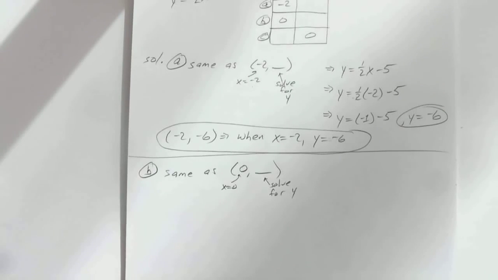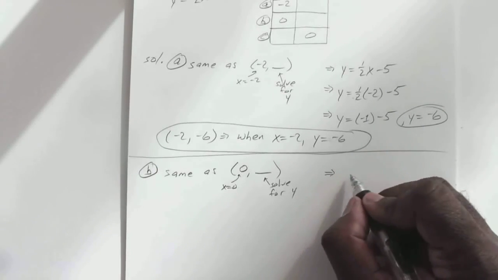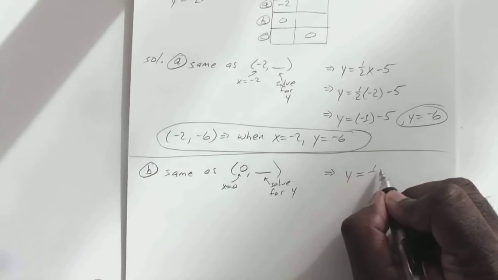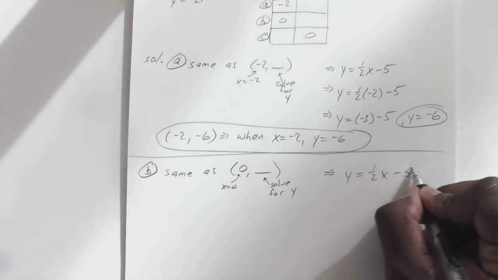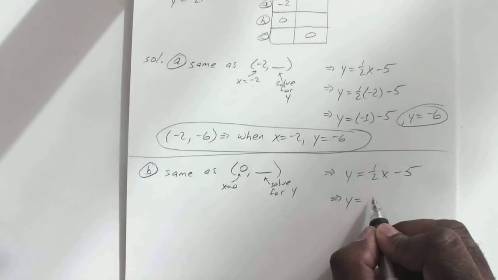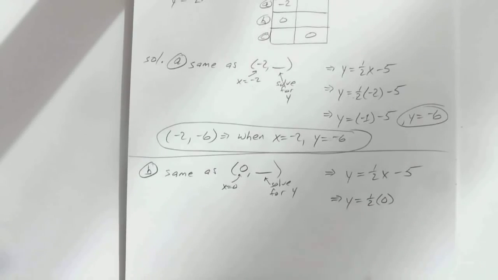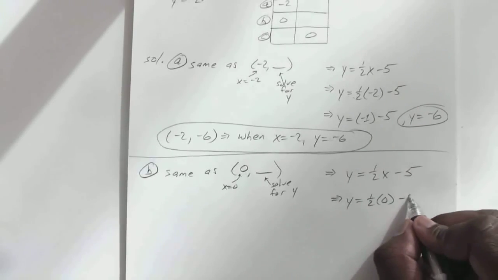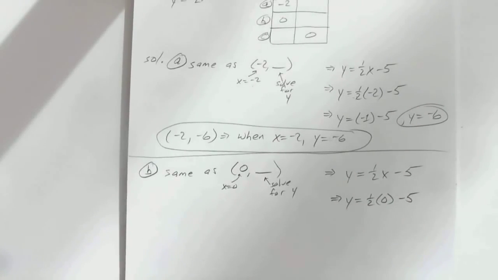Okay. So we have the same y equals 1/2 x minus 5, but this time our x is going to equal 0. So y equals 1/2 times 0 minus 5.